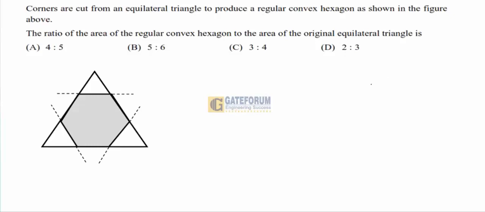Now we all know that for a hexagon, if we join the opposite vertices, what results in is 1, 2, 3, 4, 5, and 6 equilateral triangles. These 6 equilateral triangles make up the hexagon.